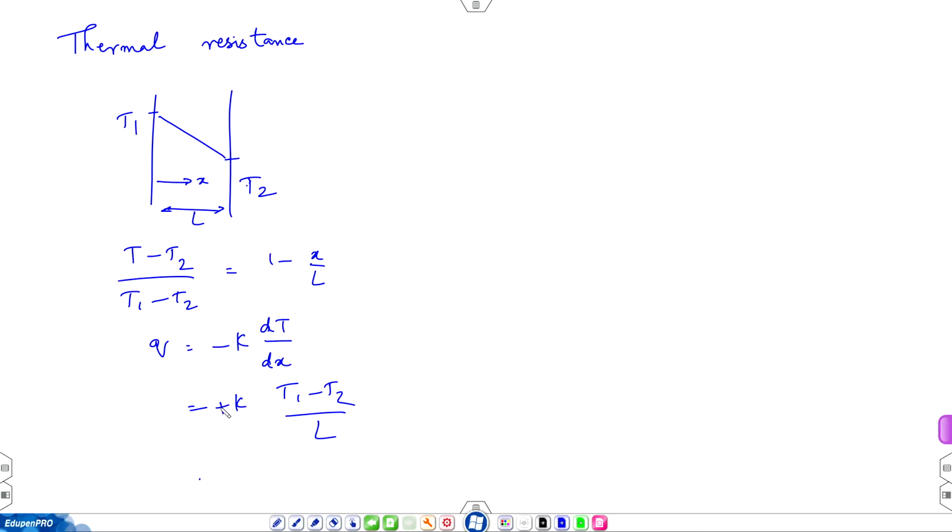The derivative is negative, so it is (T1 minus T2) over L, which can be written in the form of a thermal resistance as (T1 minus T2) over Q equal to L over K.